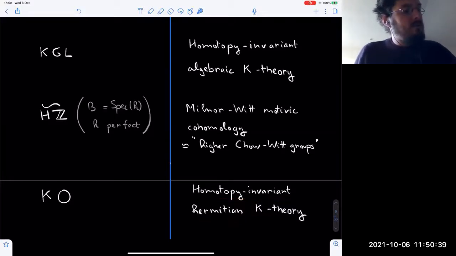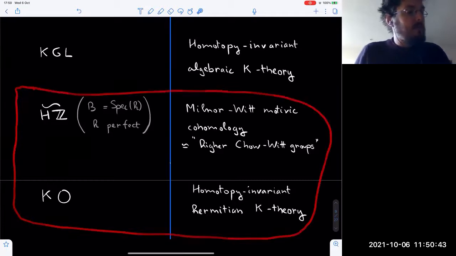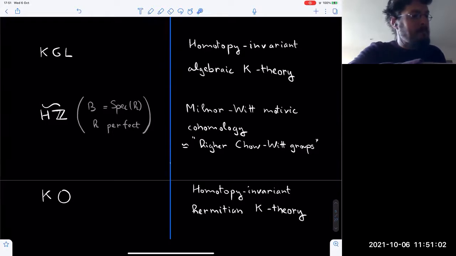So these two spectra are quadratic versions of the previous ones. It's really a new phenomenon which has no counterpart in algebraic topology. So this is where all these quadratic phenomena in motivic homotopy theory somehow come from.